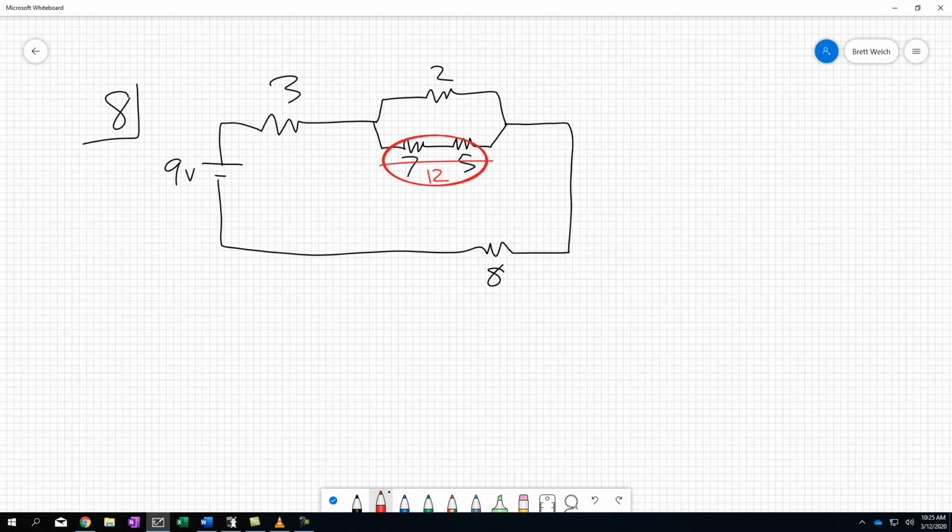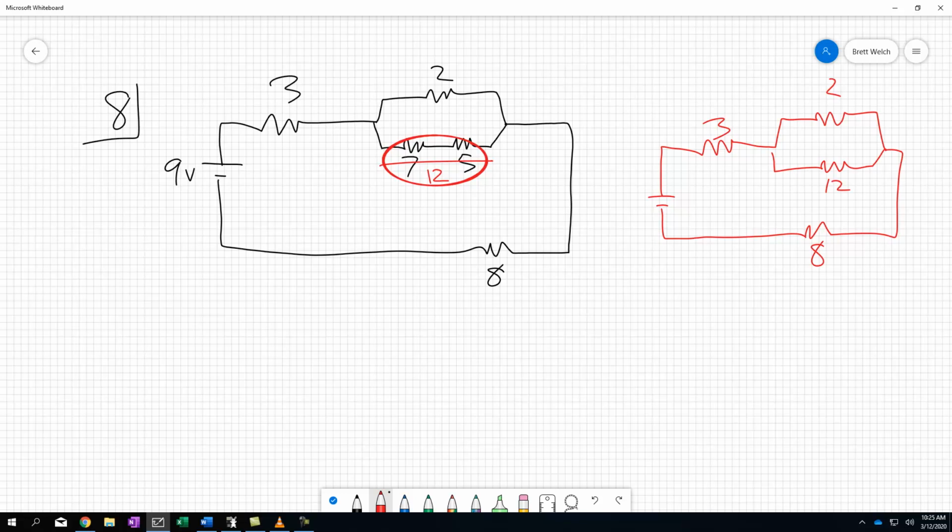If you wanted to redraw the circuit, you sure could. You now have the 3, a branch with 2. There's my 8. So now I'd be at 3, 8, 2, and 12. Now I want to add another chunk. Well, the 2 and the 12 I could add together, but I can't add them in series.